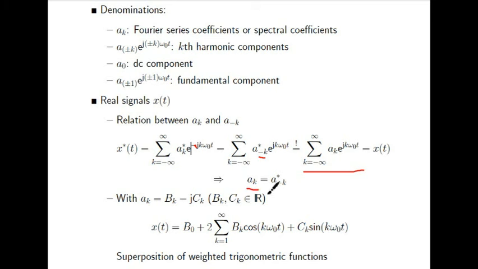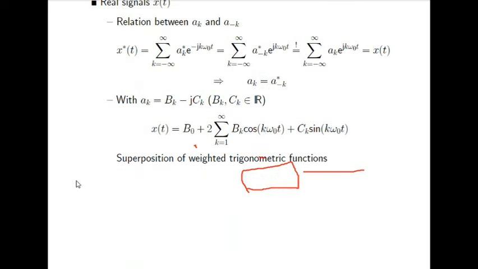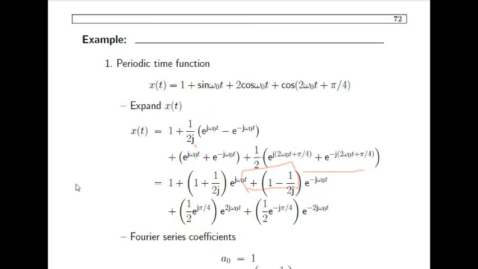Now let's see an example. This is a periodic time function where x of t is 1 plus sin omega naught t plus 2 cos omega naught t plus cos of 2 omega naught t plus pi by 4.